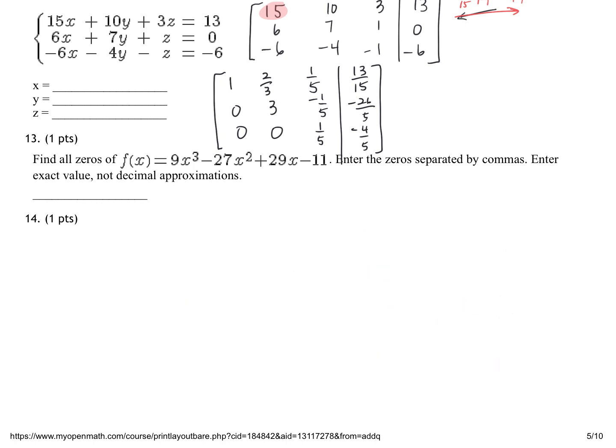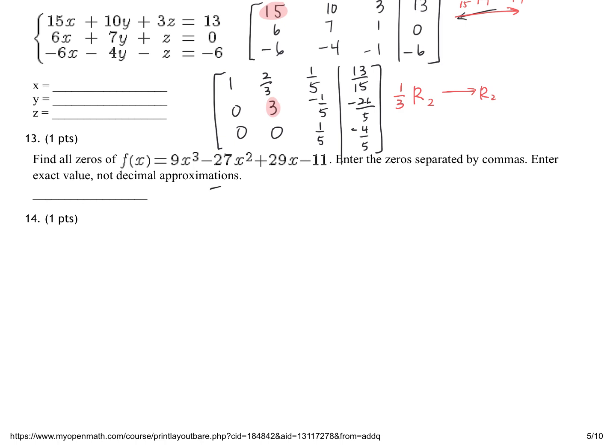We got a 1 in the very top space, and we got zeros underneath that. The next step is to get a 1, because you want ones along the diagonal. So the next step is to get a 1 here where the 3 is. We would do that by dividing that whole row by 3, or in other words, multiplying by 1/3. So we would do 1/3 times row 2, and that's going to be the new row 2.